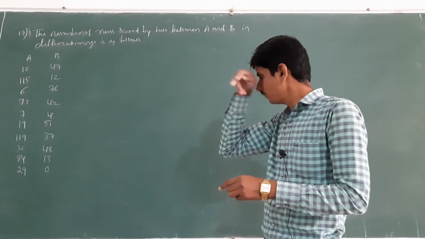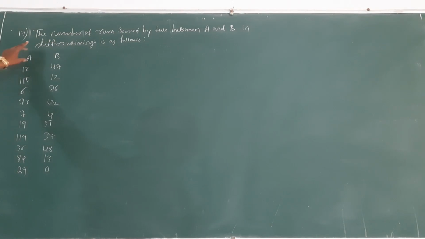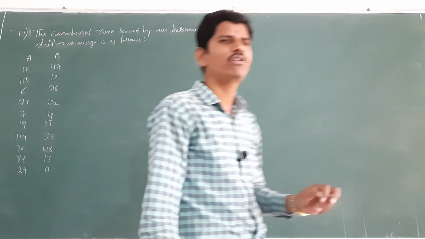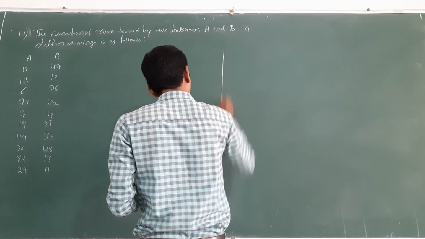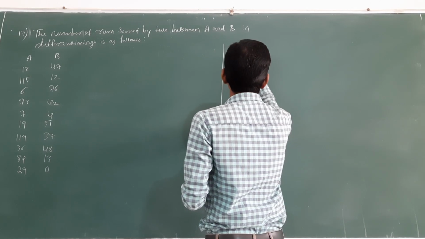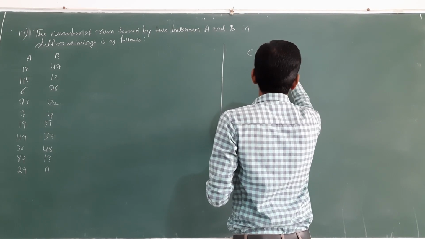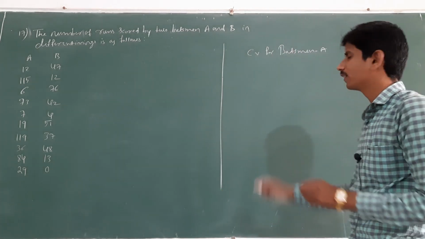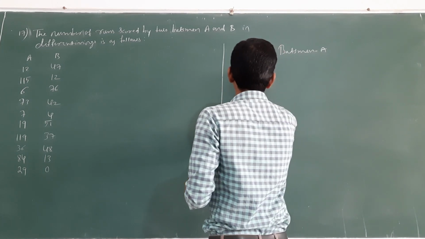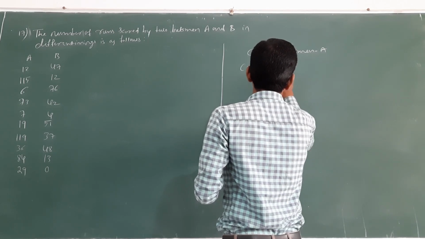In the 17th problem they are given X and Y values, where A is batsman A and B is batsman B. You have to find the coefficient of variation CV for A and CV for B. CV for batsman A is sigma by x bar into 100.